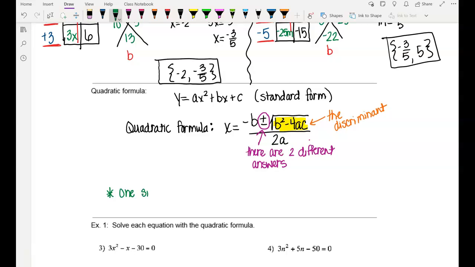One side of the equation must be equal to 0 before substituting values into the formula.